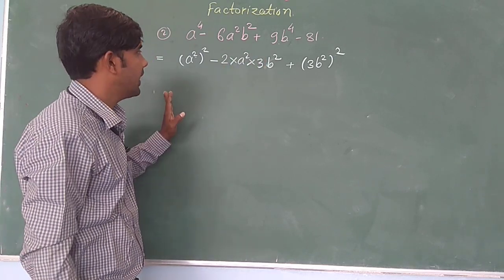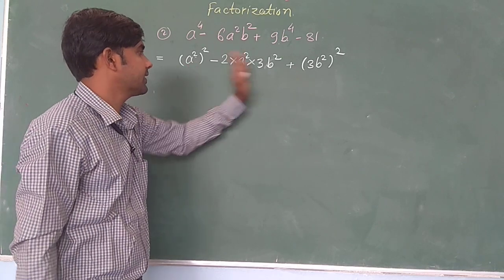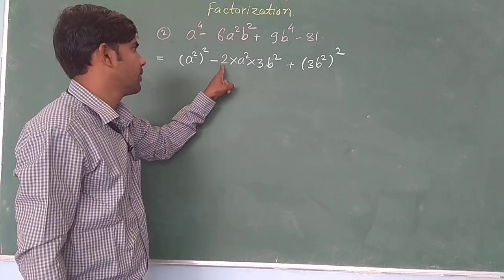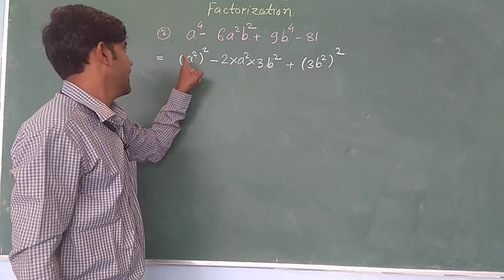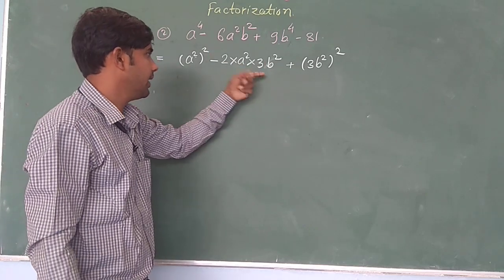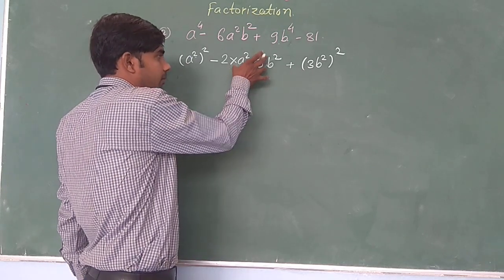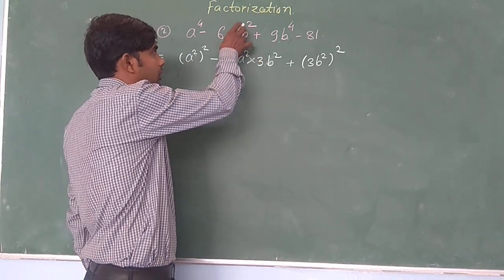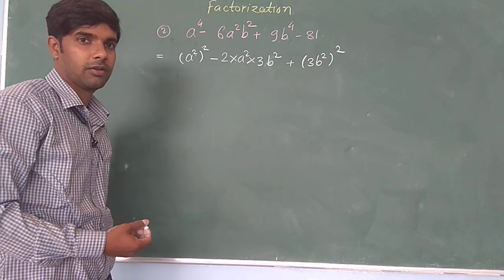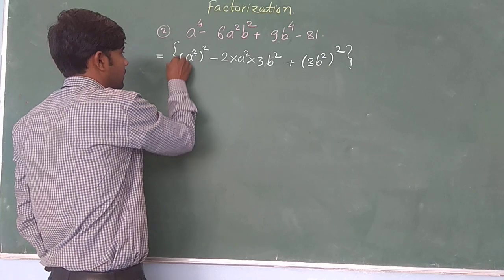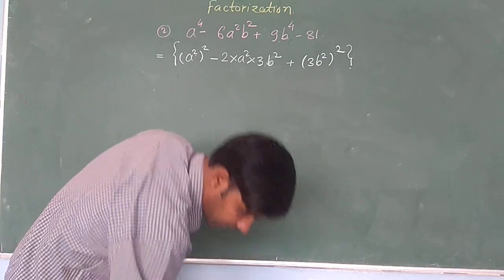Got it? That's why I have written the first and third term first, and directly you can apply 2ab. 2a means this term, b means this term, and we have to cross-check whether the product of these three terms is equal to the middle term or not. Now this is your first group, or you can take a bracket.